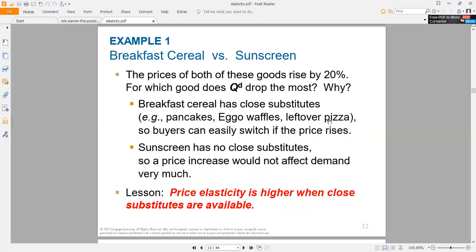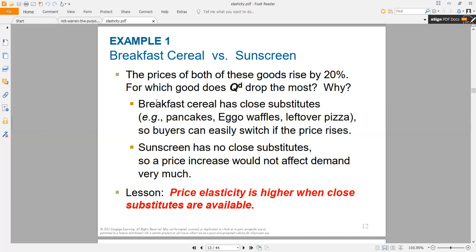So let's take these two goods: breakfast cereal and sunscreen. The first assumption is that for both goods, the prices have increased by 20%. So now, if you compare these two goods, which one will have the greatest drop in quantity demanded? Now, if you take breakfast cereal, it has substitutes.